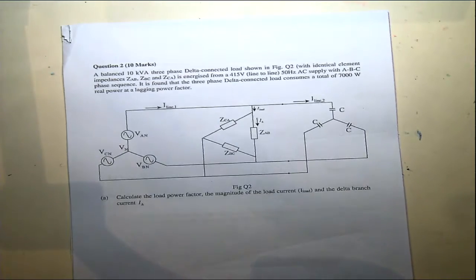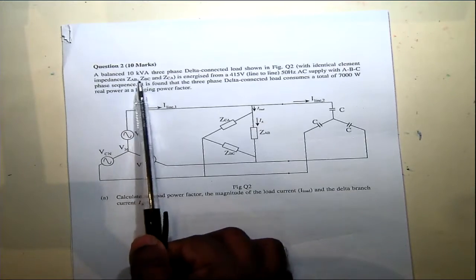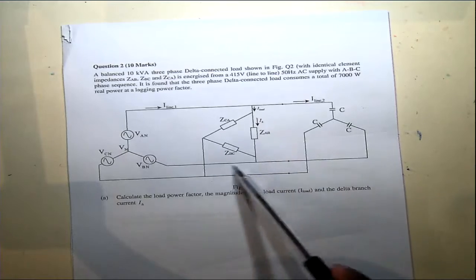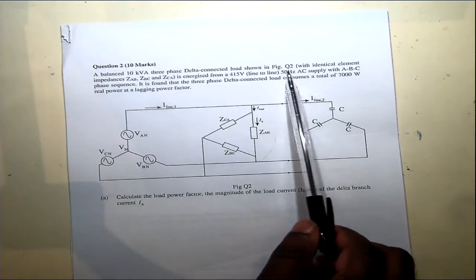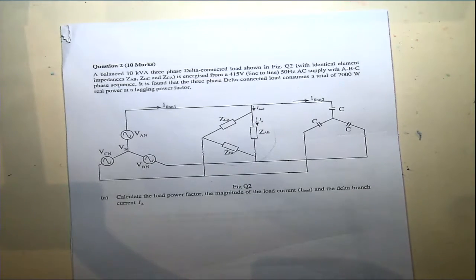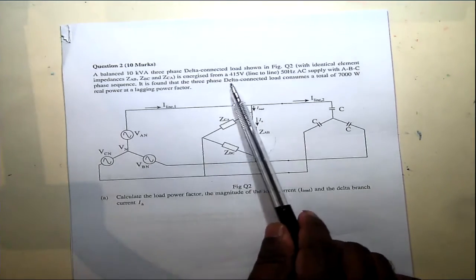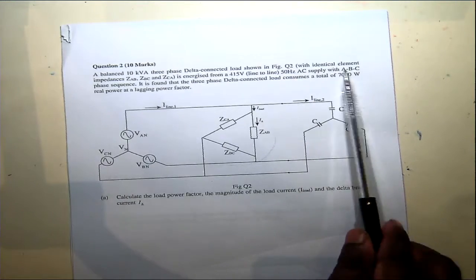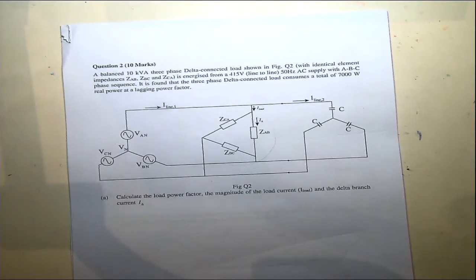So, second question, a three-phase circuit. It says a balanced 10 kVA three-phase delta connected load, that's this load, has identical elements, so these are three identical elements, and is energized from a 415 volt line-to-line 50 hertz AC supply with ABC phase sequence.